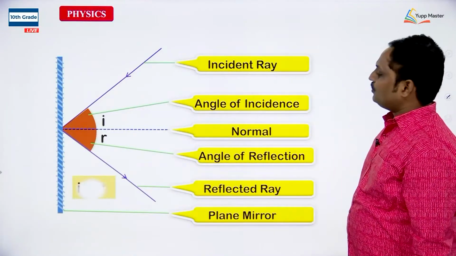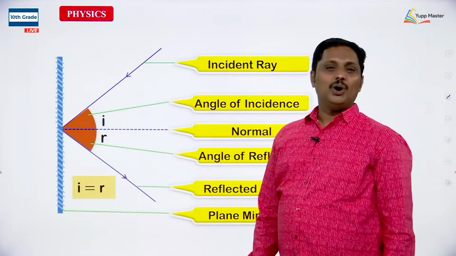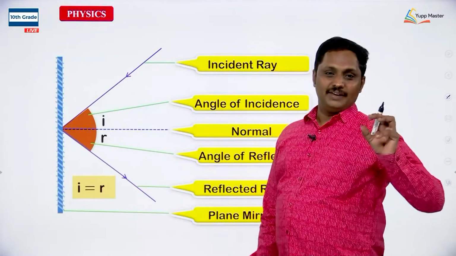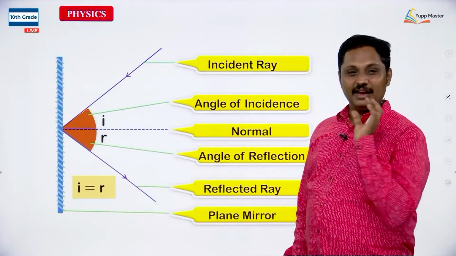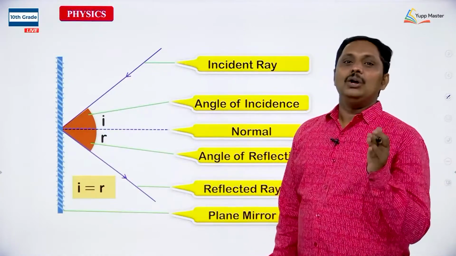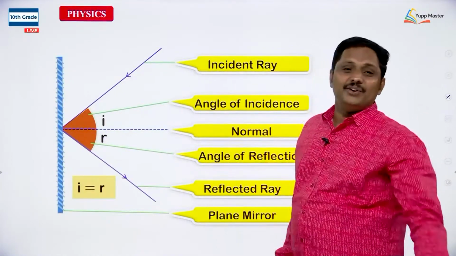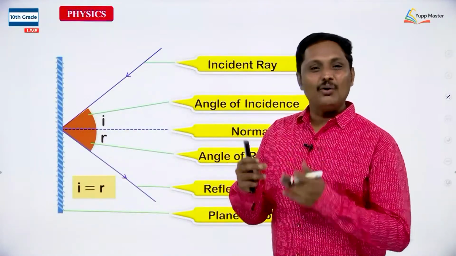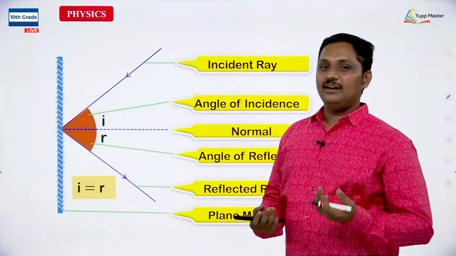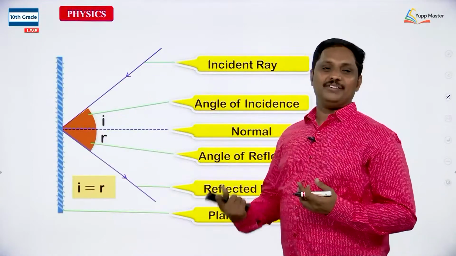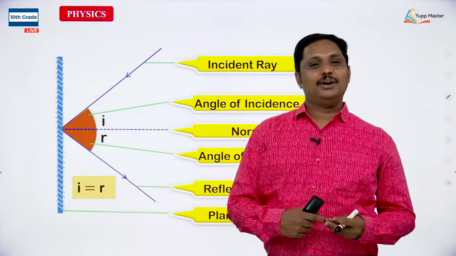That is, I is equal to R, where I is the angle of incidence and R is the angle of reflection. It is true for a smooth surface only. If you have an irregular surface, there is diffused reflection. This is the regular reflection.